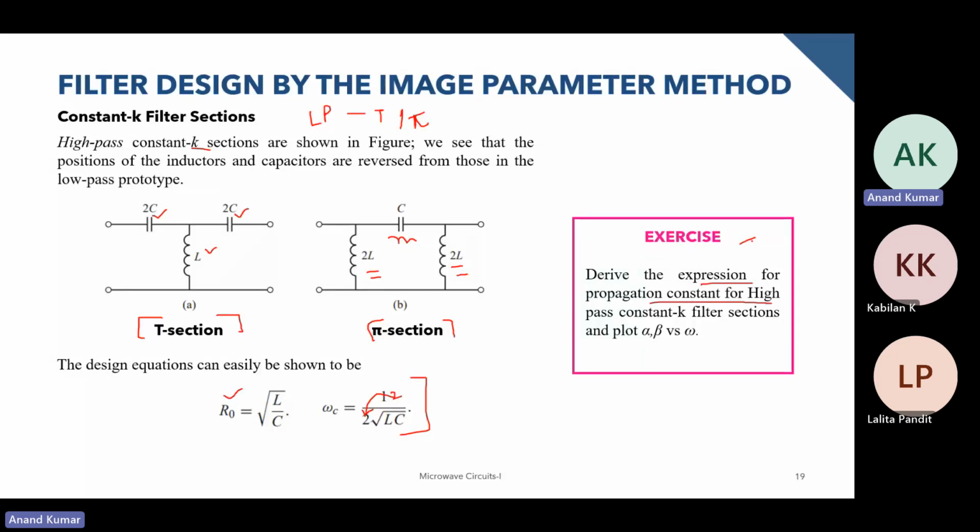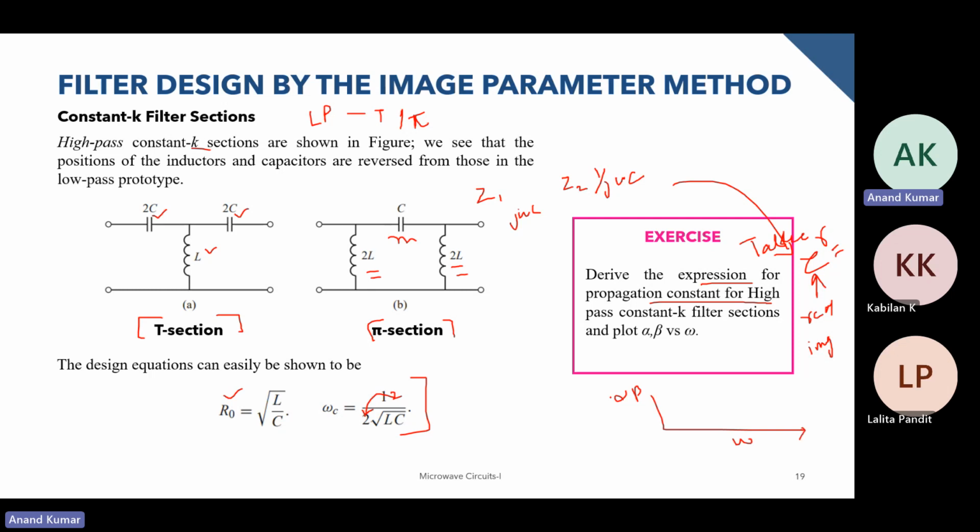You can use the table that we saw earlier, and over there you have the expression for the propagation factor. Just substitute in the values for Z1 and Z2 in terms of j omega L and 1 by j omega C. Substitute them in that expression from the table, write down the expression for the propagation factor, and then see when this propagation factor is real or imaginary, and then you can plot alpha and beta against normalized frequency.